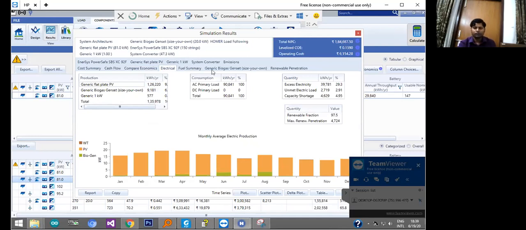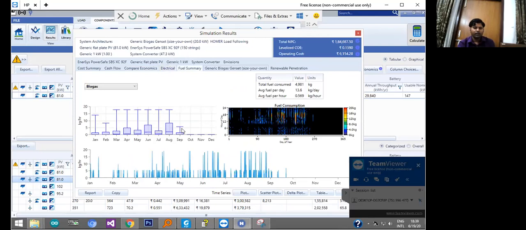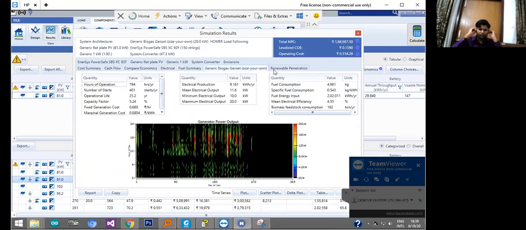So this is a very useful software which will give you both things: the electrical generation, the capacity, and the price. Full details you can get here.